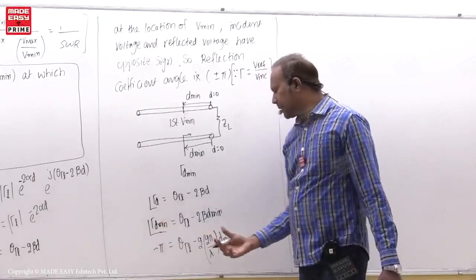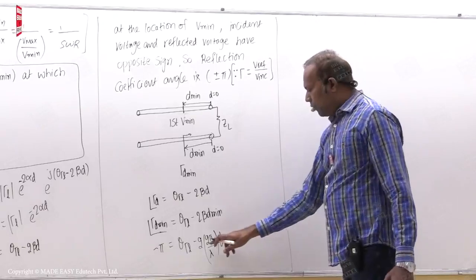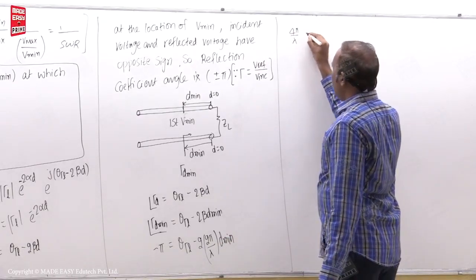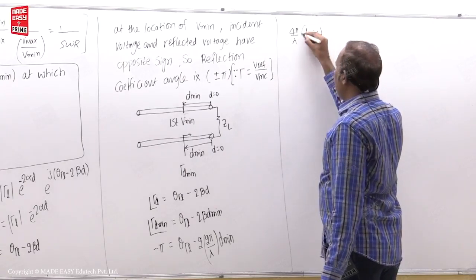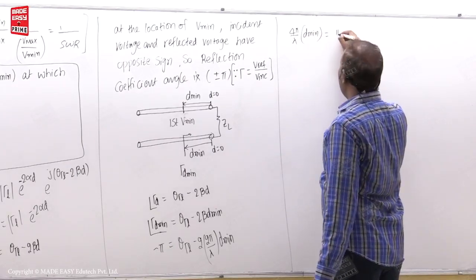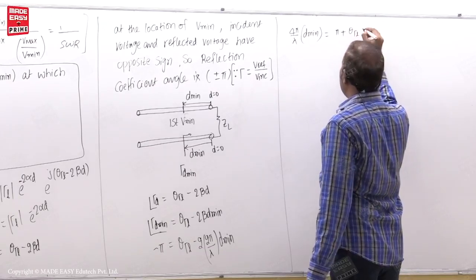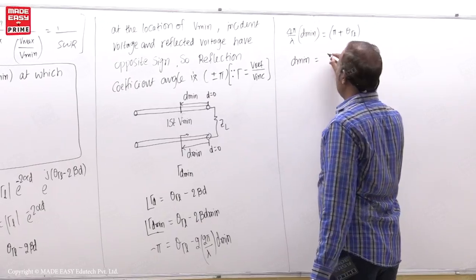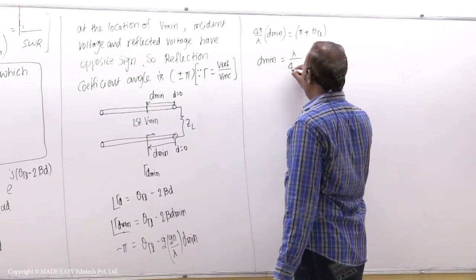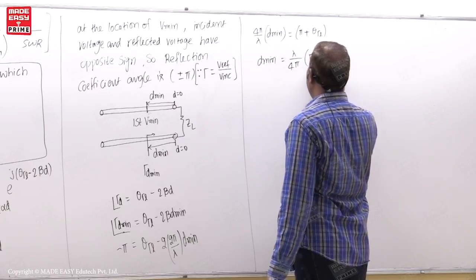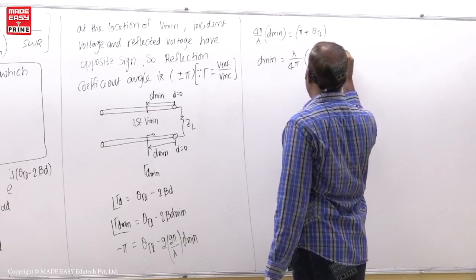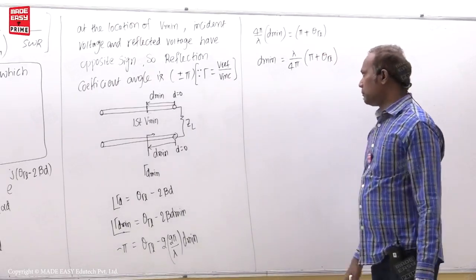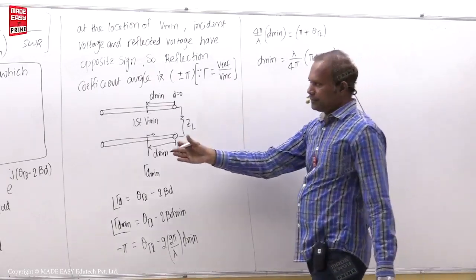So 4 pi by lambda multiplied with d minimum is equal to pi plus theta gamma L. So d minimum is equal to lambda divided by 4 pi times (pi plus theta gamma L). Dear friends, this is the formula you got.